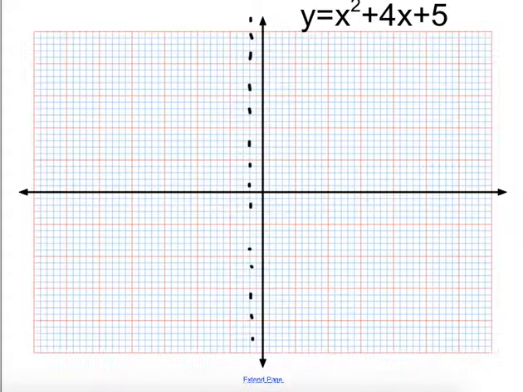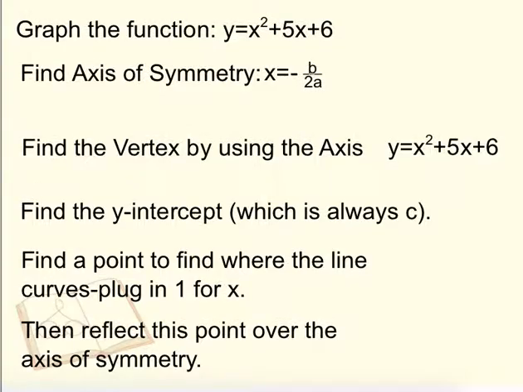And then we're saying that my vertex is at negative 2, 1, which means it's going to be right at this dot right here. Negative 2, 1 is my vertex. That's where it goes from decreasing to increasing. And then we look at my y-intercept, which is always c.